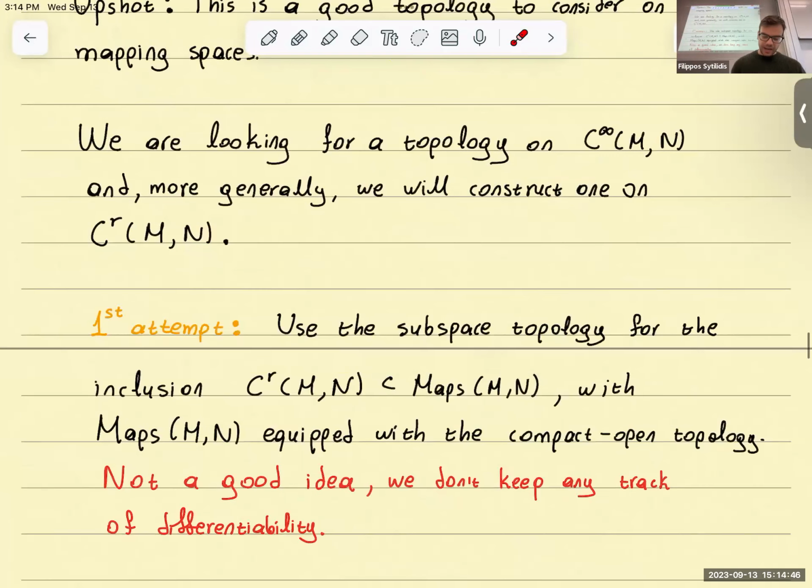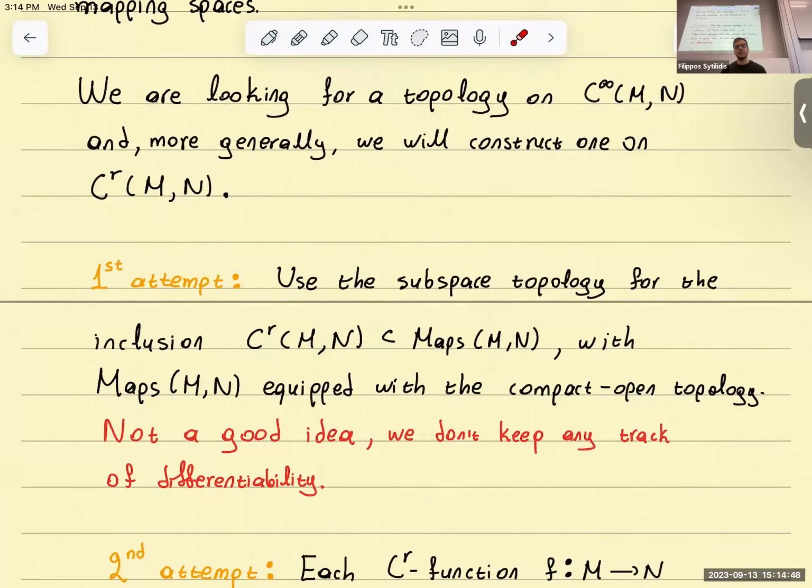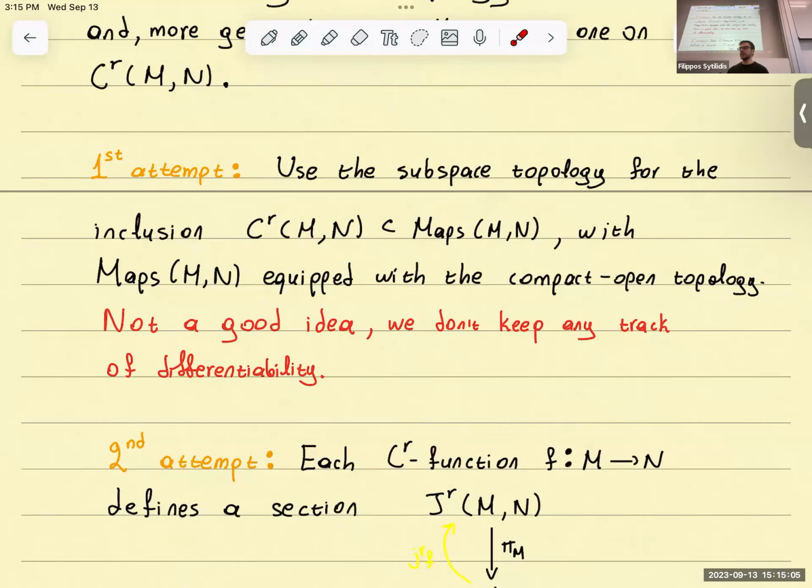C^r of M, N is a subset of the space of all continuous maps from M to N, and this right-hand side is equipped with a compact open topology. I can just take the subspace topology. That's not a good idea because we throw away lots of interesting things that we want to keep track of. We completely throw away all of the differentiability data. So we want to do something better than that.